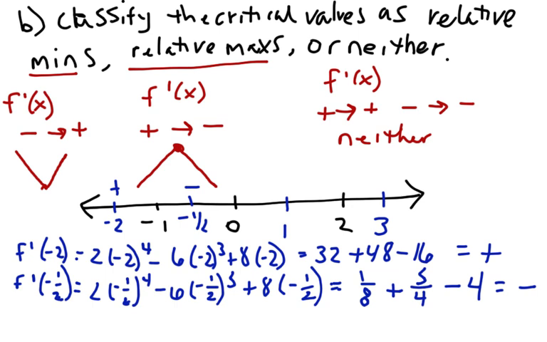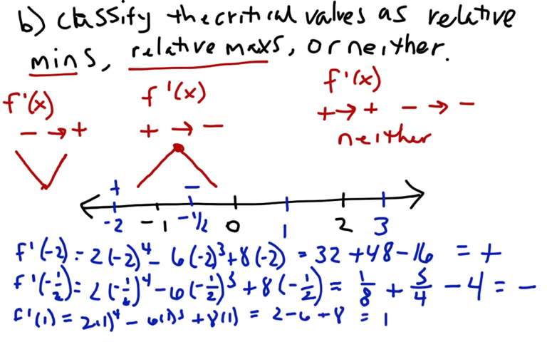Alright, plug in 1. F prime of 1 is equal to 2 times 1 to the 4th minus 6 times 1 cubed plus 8 times 1, which is 2 minus 6 plus 8, which is positive.